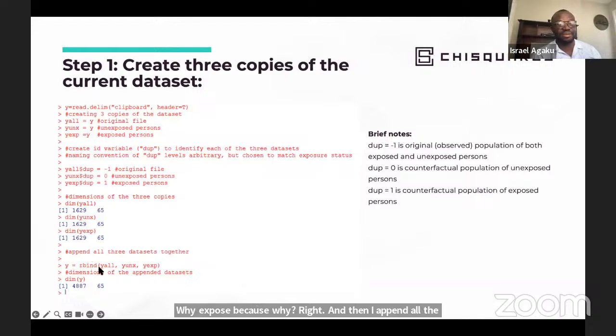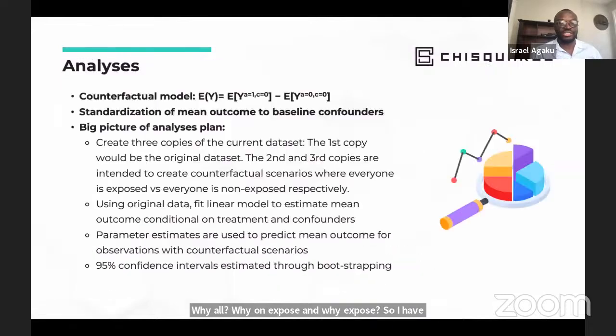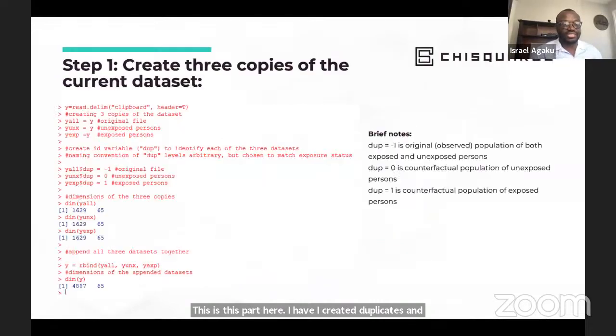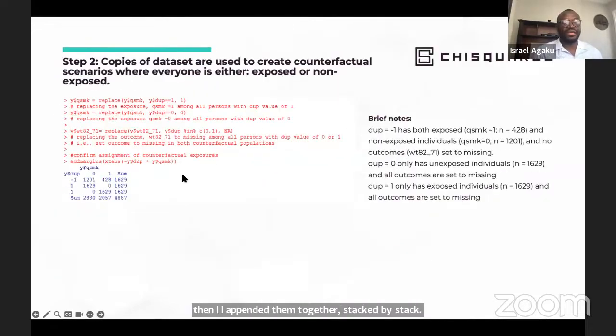So y is equal to rbind(y_all, y_unexposed, y_exposed). I have appended all 3 of them together. I created a duplicate and then appended them together, stack by stack. So this is the first step here.